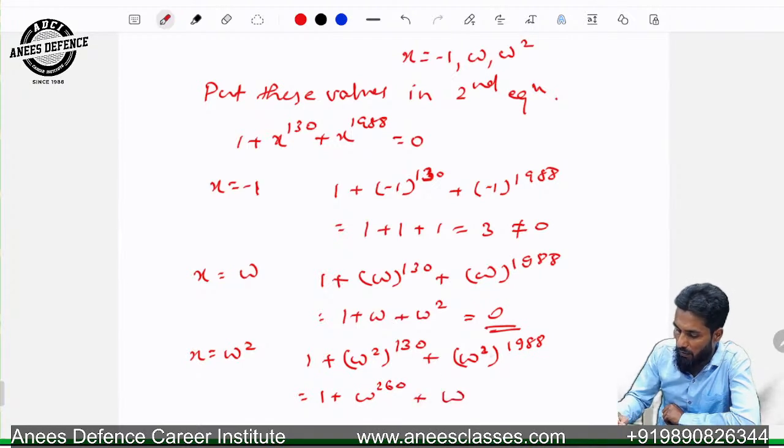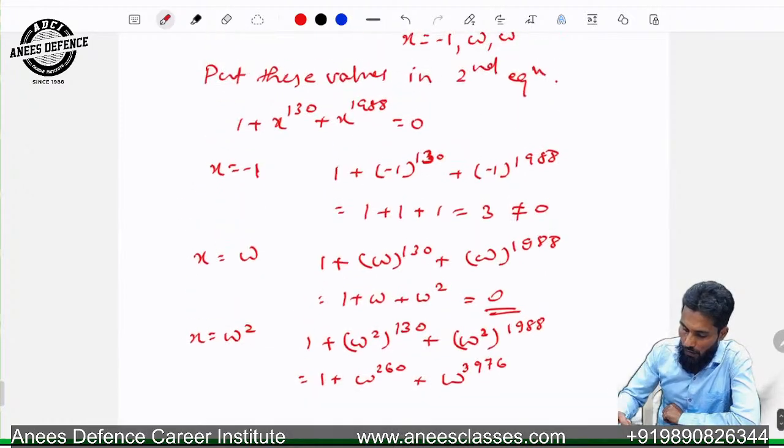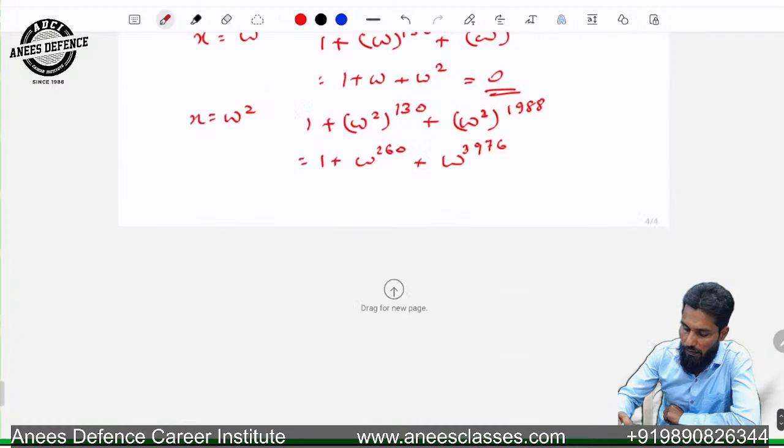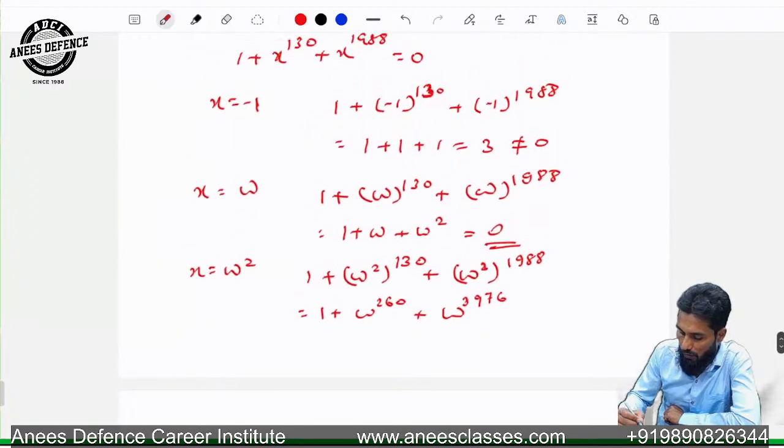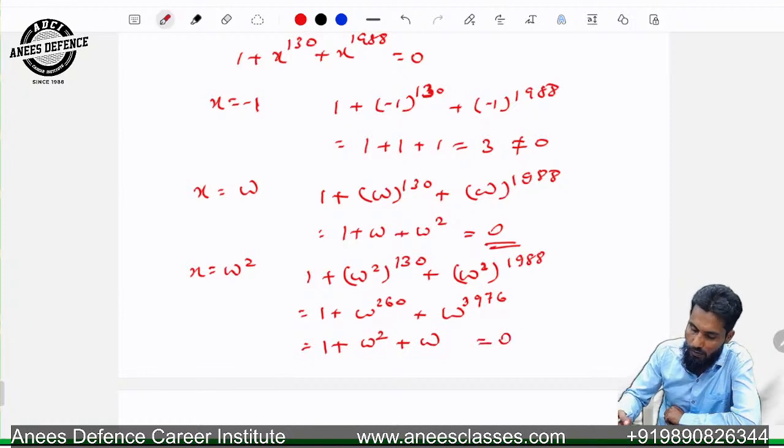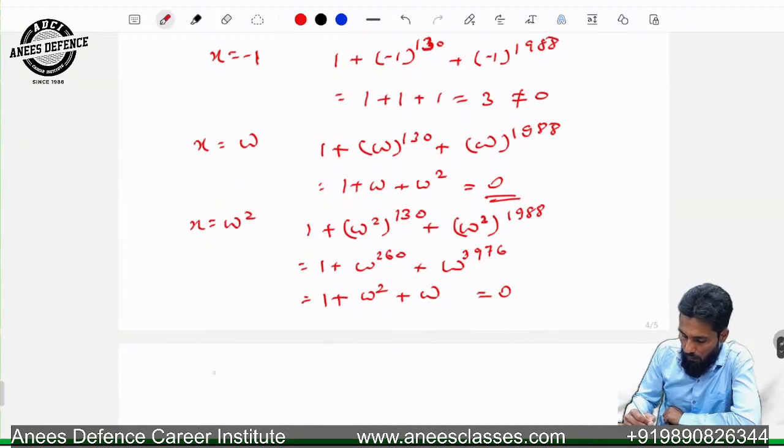Again when you multiply 2 with 1988, what value will you get? 3976. Fine. Now check its value, divide it by 3. What remainder are you getting here? You will get omega square here, and here you will get omega. So again 0.